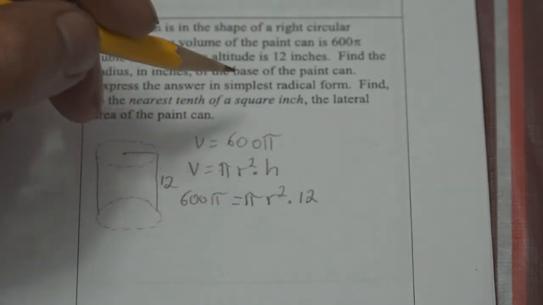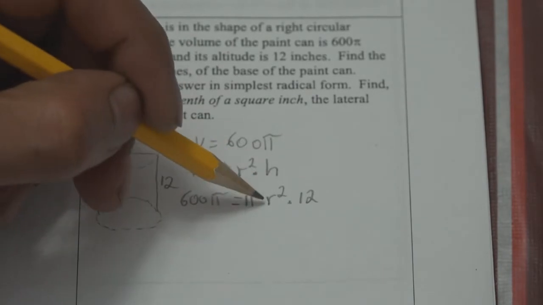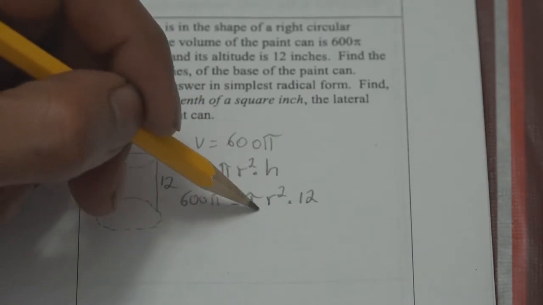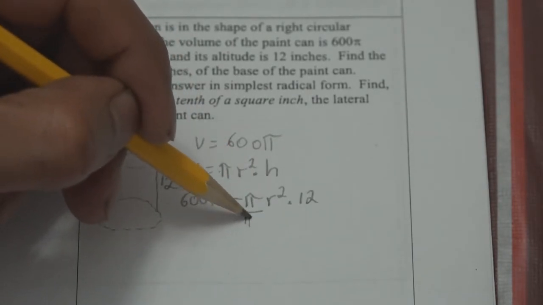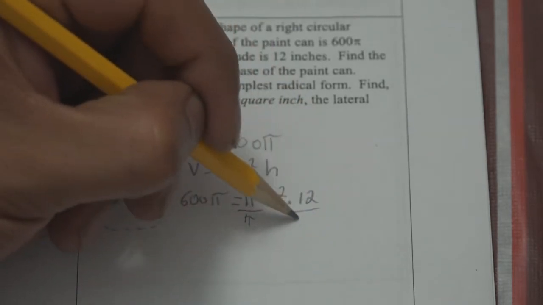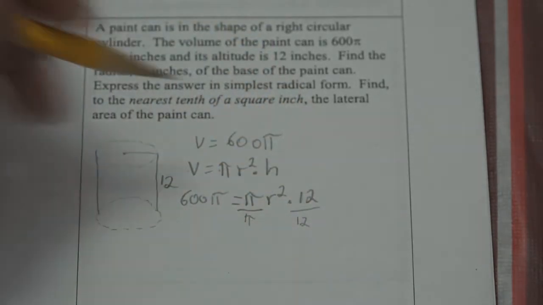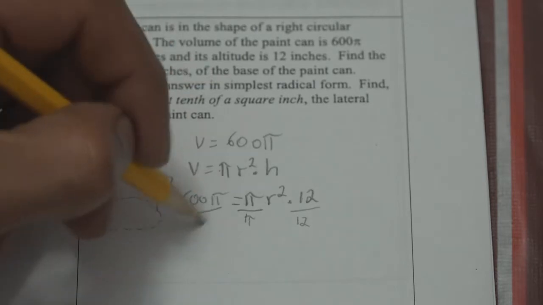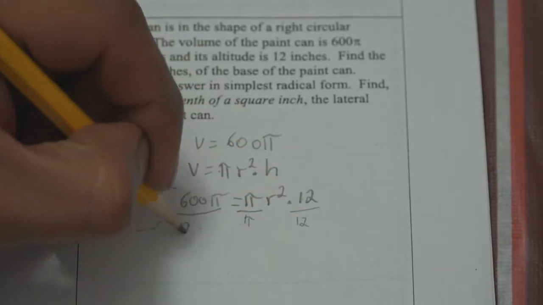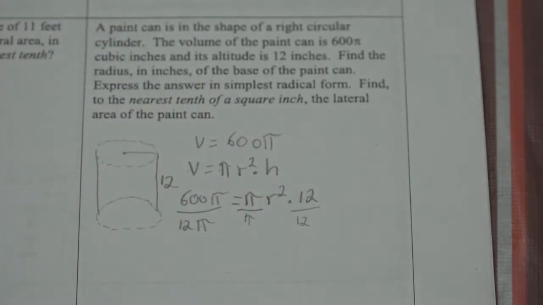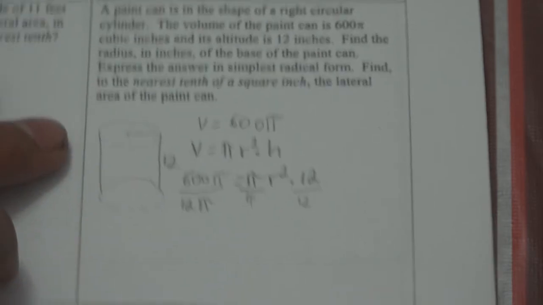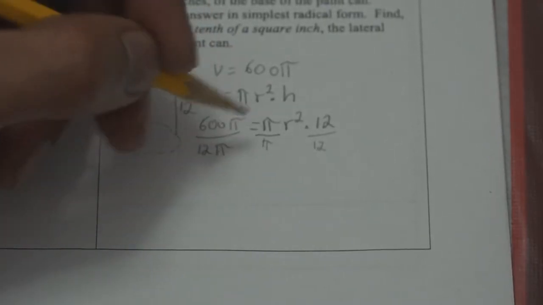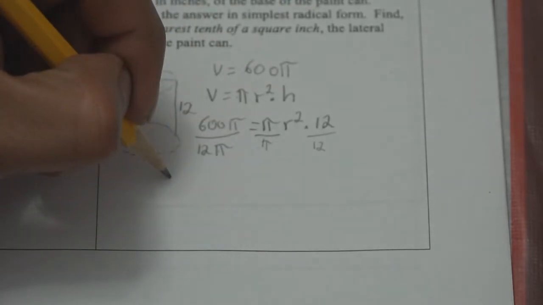All right, so let's solve for r. Pi is multiplying r, so I'm going to divide by pi. 12 is also multiplying, so I'm going to divide by 12. So I'm dividing by 12 pi. My remaining equation is the following.